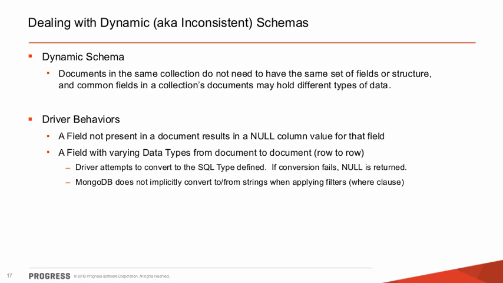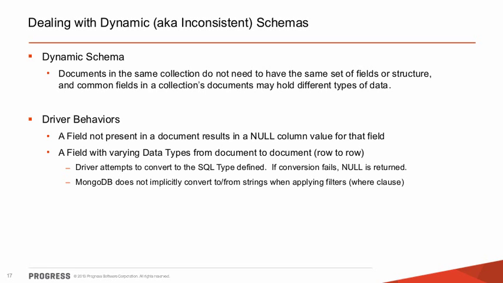Documents can vary instance to instance. The contents of those documents and whether there's an array or a nested document in them can vary instance to instance in the collection. So what happens in that situation? So that's what this slide is about, our policy and approach for dealing with dynamic, AKA inconsistent, schemas.